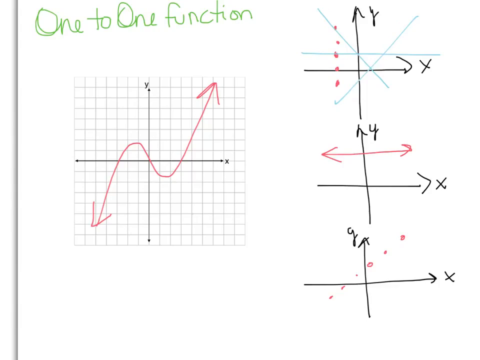This first one up here failed that. So it must be a function is your first test. So try the vertical line test to find that out. Then you have to pass the horizontal line test. So it's the same kind of test, but this time we're drawing horizontal lines.